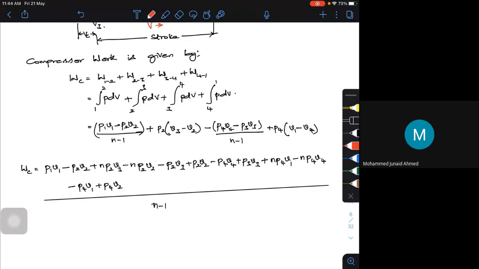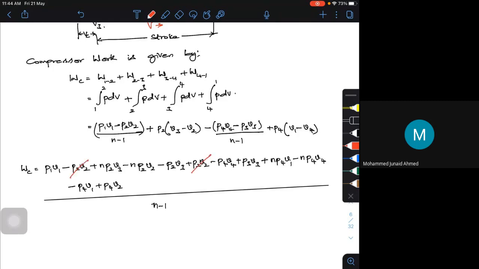So now if you look at it, you have P1 V1, and here P4 V4 is equal to P1 V1. Then what else gets cancelled? You have minus P2 V2 plus P2 V2.